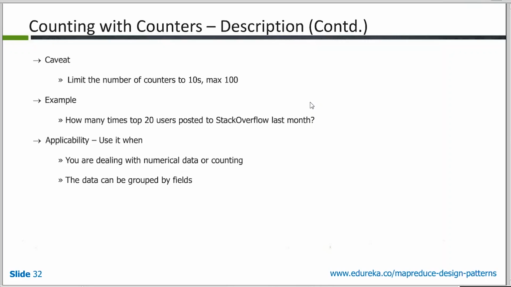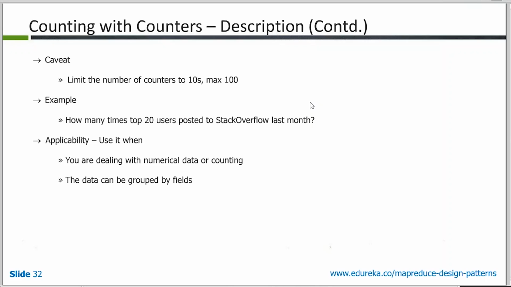There's a caveat to using these counters. You cannot use too many counters in your program. For example, in MapReduce version 1, the job tracker is responsible for keeping track of those counters, and it has other jobs to perform.